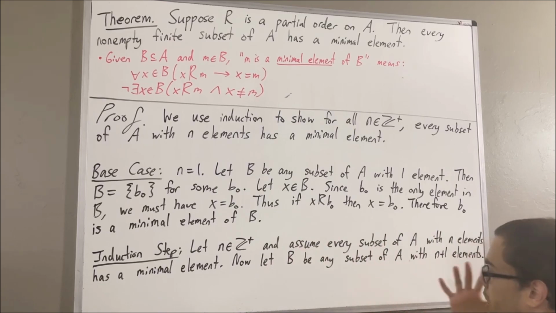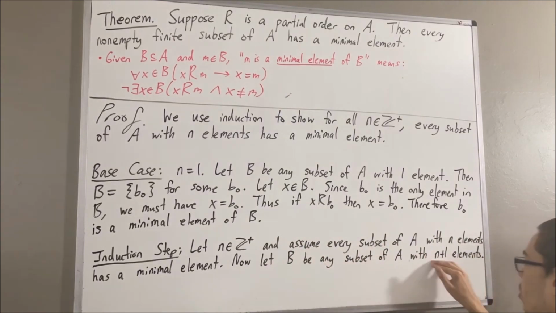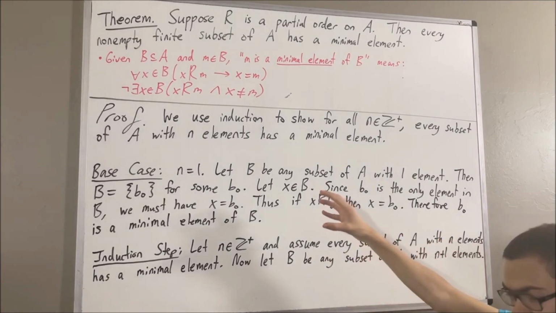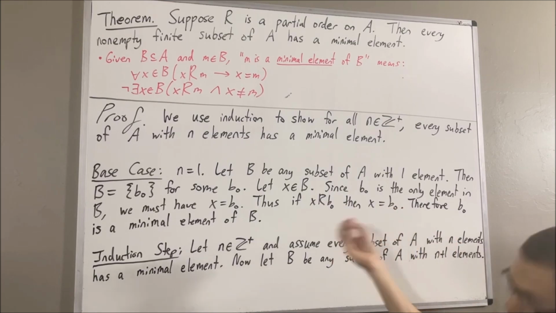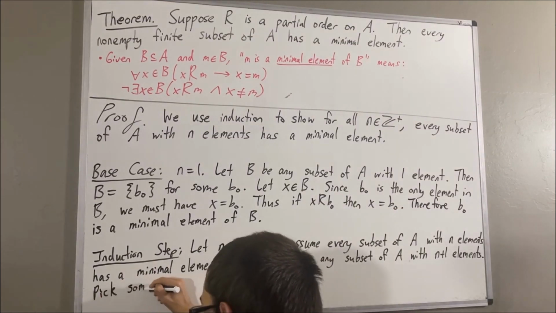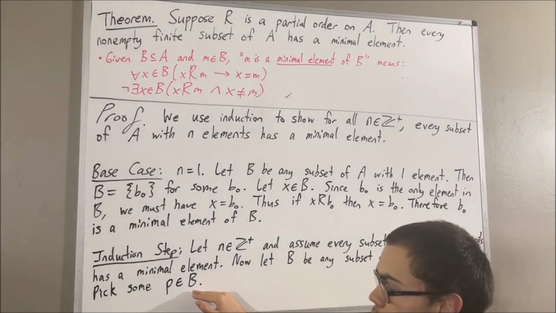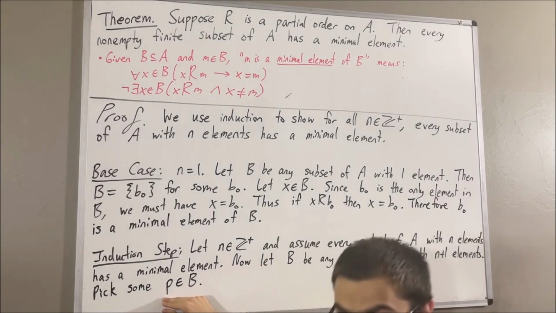So, to start, since B has n plus 1 elements, we know that B has at least one element in it. So let's just pick some element, I'll call it P. And let's consider the set B with the element P removed.